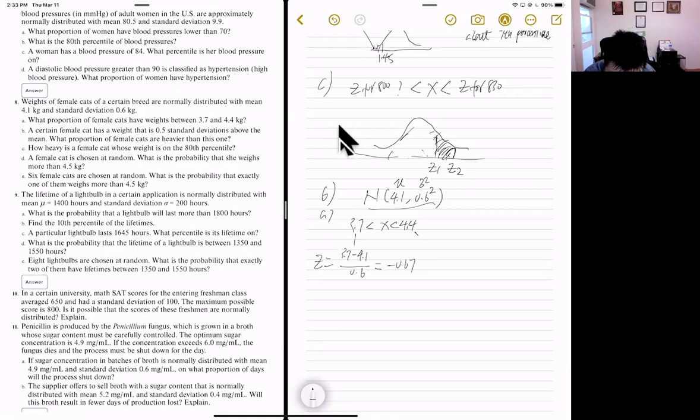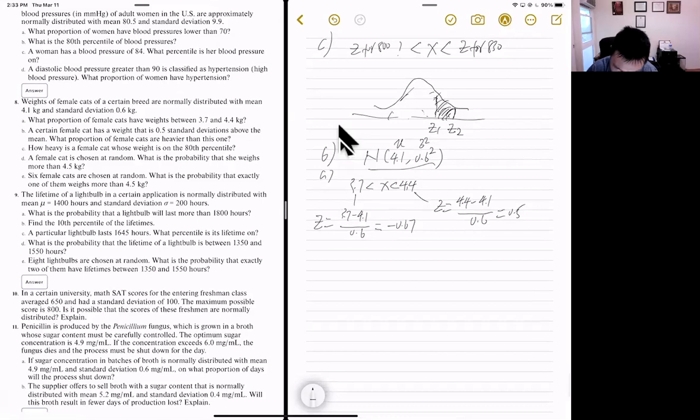And then for the next, z is equal to 4.4 minus mean over sigma, so 0.5. So we are between minus 0.68 and 0.5. Go to table 8.2 and you find the area here. I will skip the details.